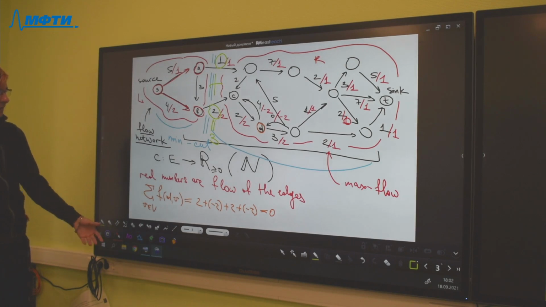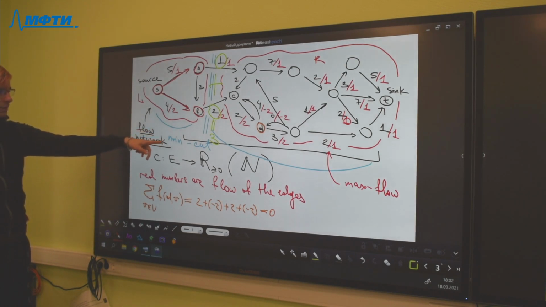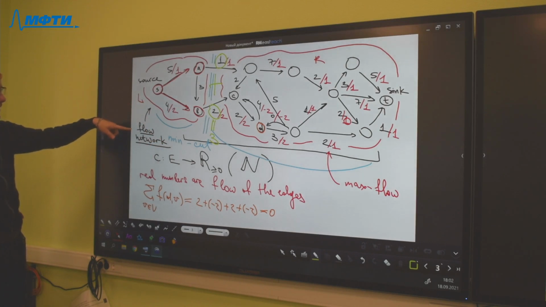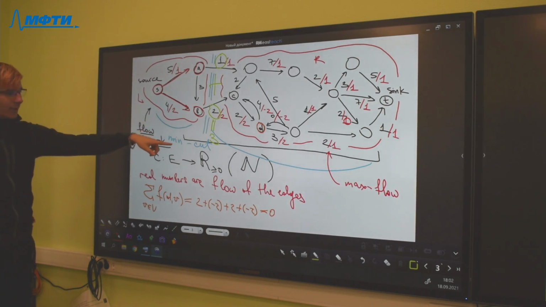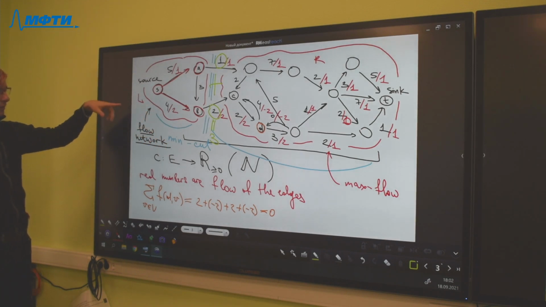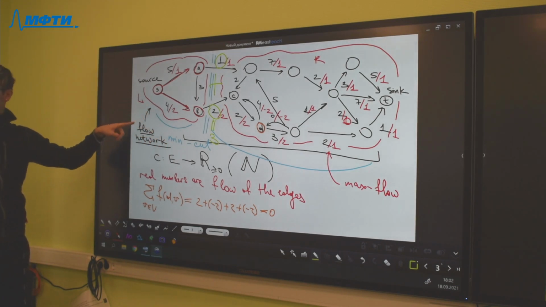And of course we said that each cut and each flow have values such that the value of the cut is bigger than the value of the flow.